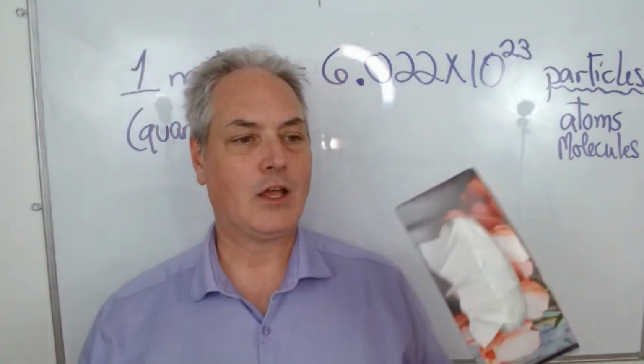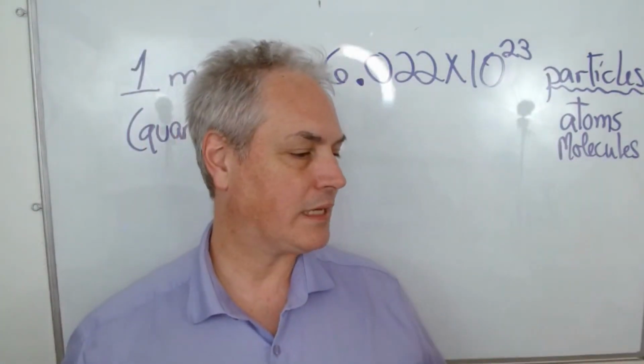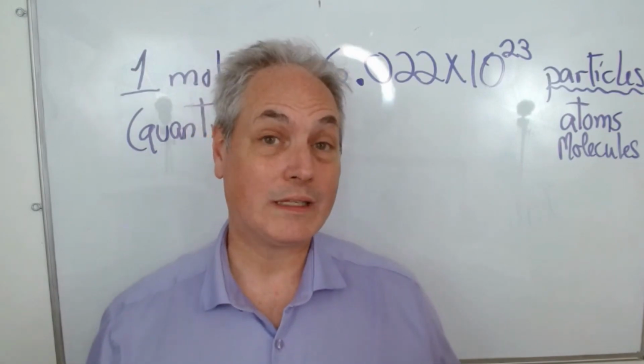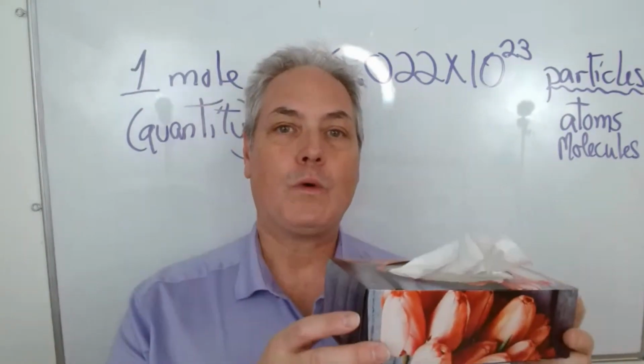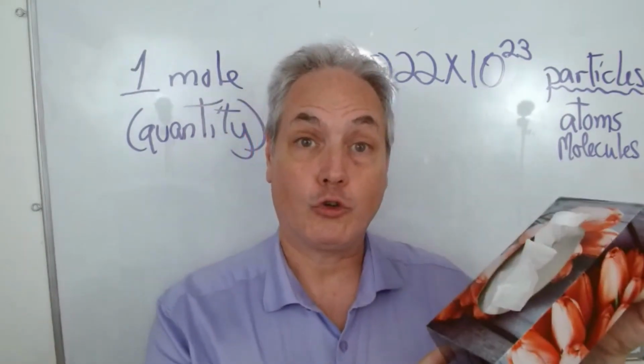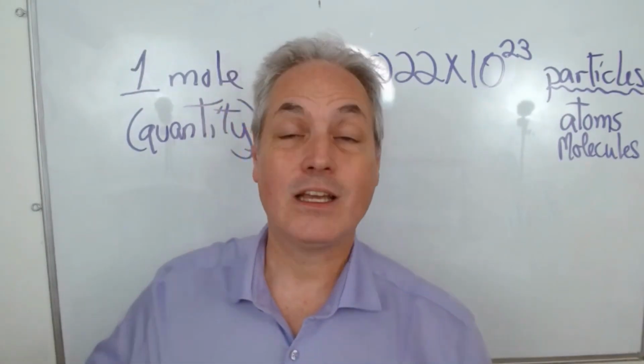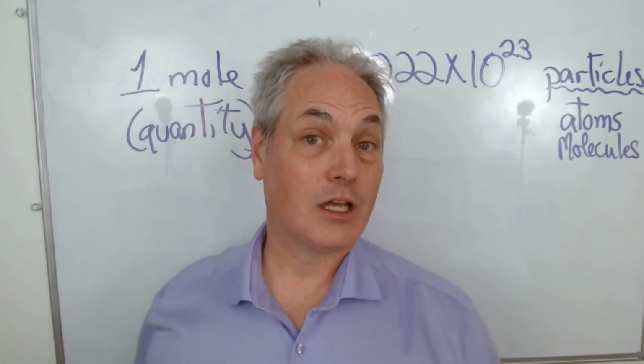Here we have a box of tissue. We get a box of 126 white tissues. We don't sell them individually. We package them into a group. The same way when we buy eggs, we buy a dozen eggs.